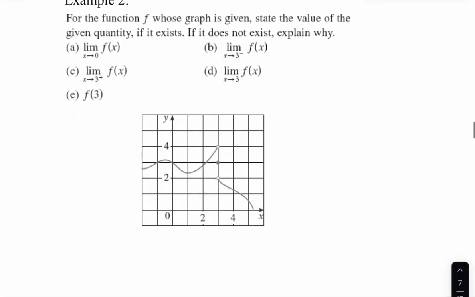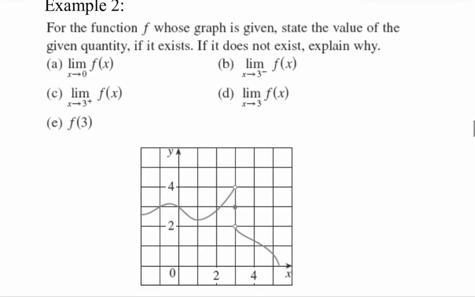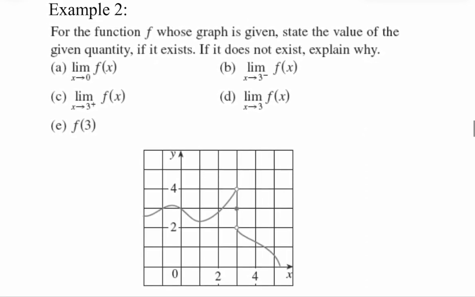So now let's look at an example here. It says, for the given function f, state the value of each of the given quantities if it exists. If it doesn't exist, explain why. So we've got this piecewise function, okay? Let's look at this first notation.